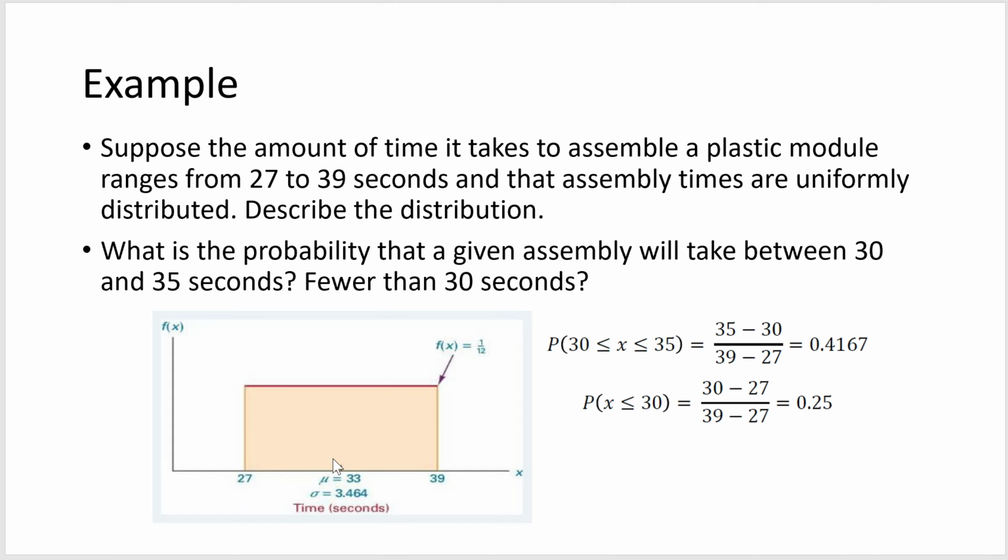So 5 multiplied by the height is the answer. If you say fewer than 30, then 30 minus 27, because from 30 to 27 is the area you're going to look at. 30 minus 27 is 3 seconds. So 3 multiplied by the height is this area, and that area should be 25%.